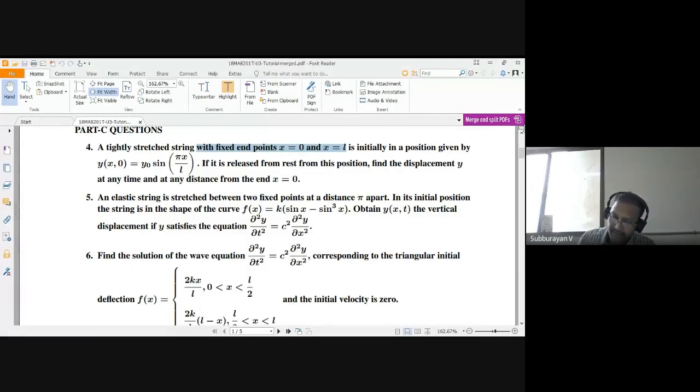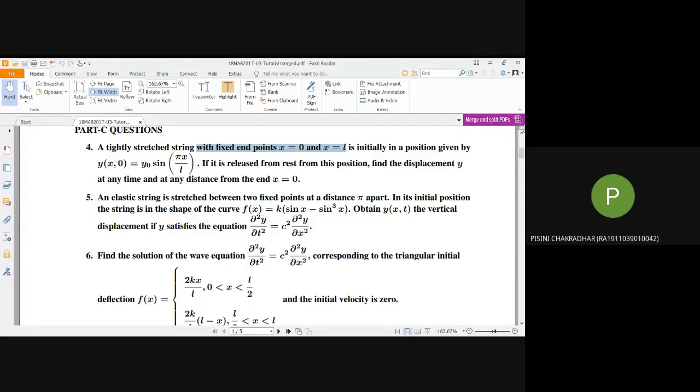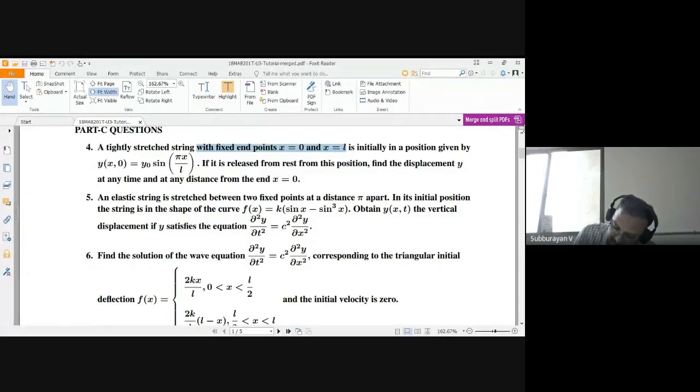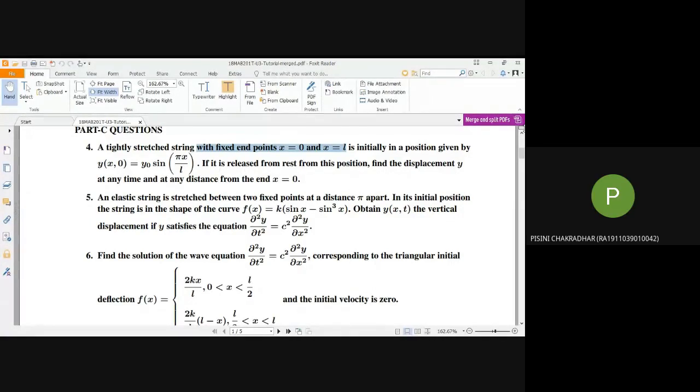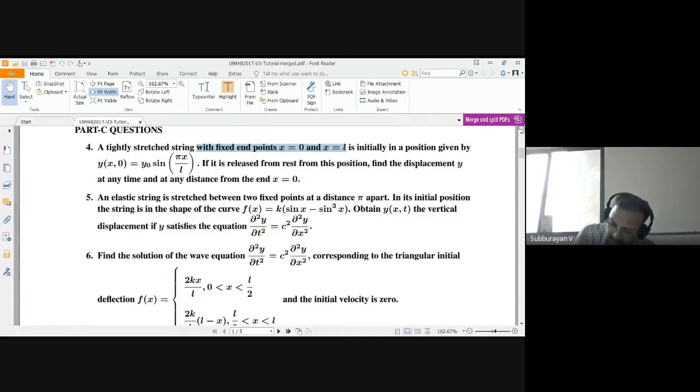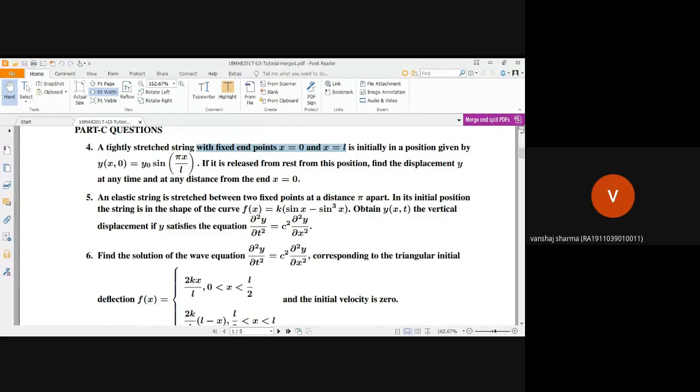If we apply the second condition, y of pi comma t equal to 0, what will you get? b into sine lambda pi equals 0, and b is not equal to 0.